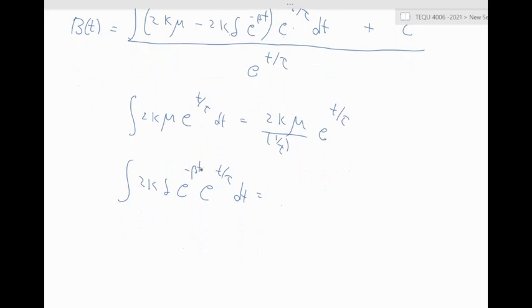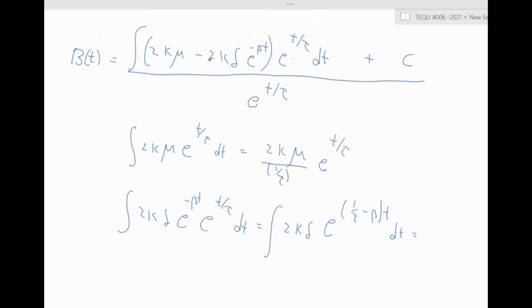And now you have the same base, so you have to add up the exponents there. To simplify that, that would be 2k delta times e to the sum of those two. One is negative, one is positive. That will be 1 over tau positive minus beta and all that times t. All right? And that will be dt. So if we integrate that part there, let me put the negative here so I keep all this straight.